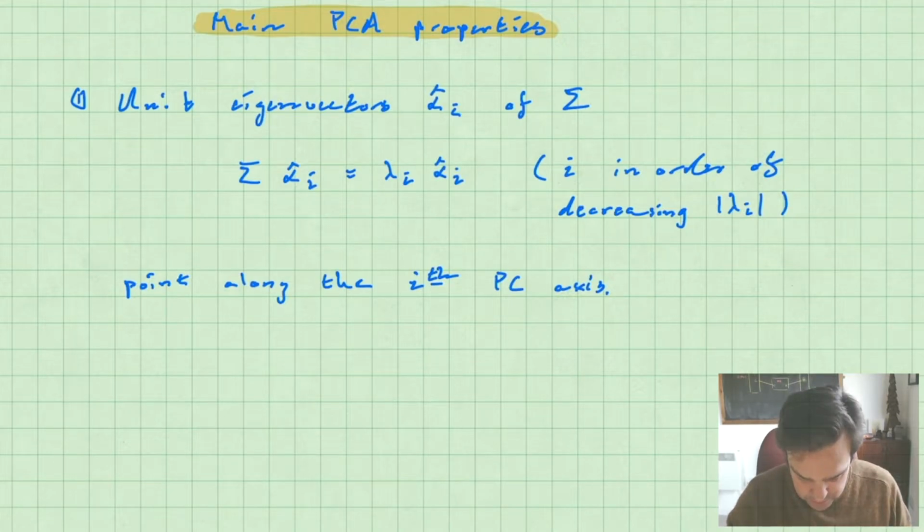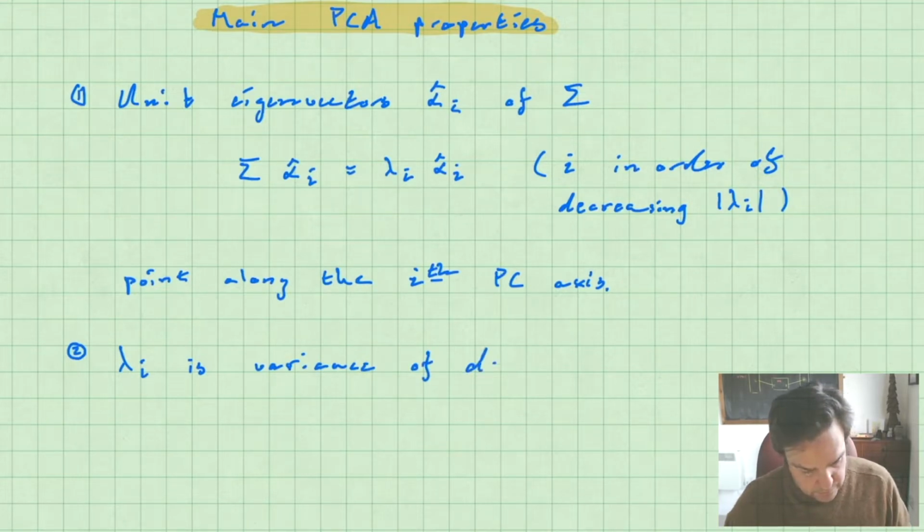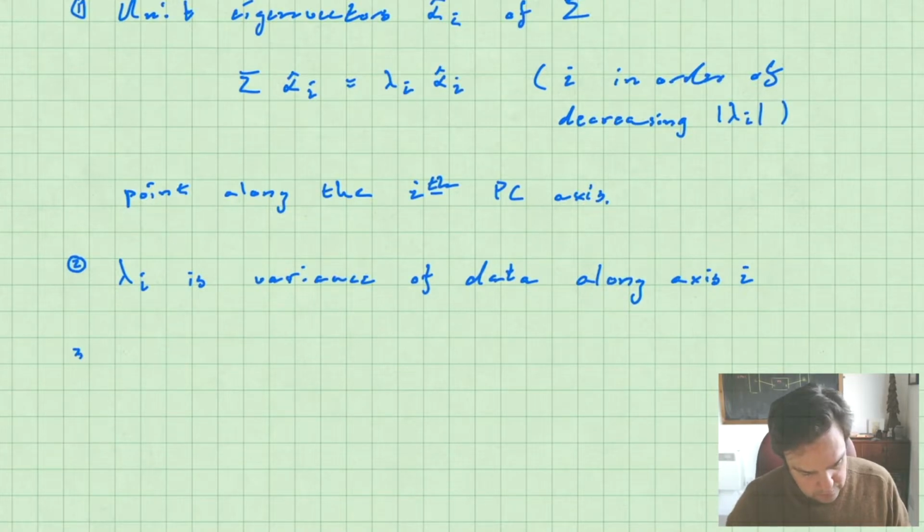Property number 2 is that lambda i is the variance of the data along that axis, along axis i. All right. 3, all of the PC variates or columns are independent.